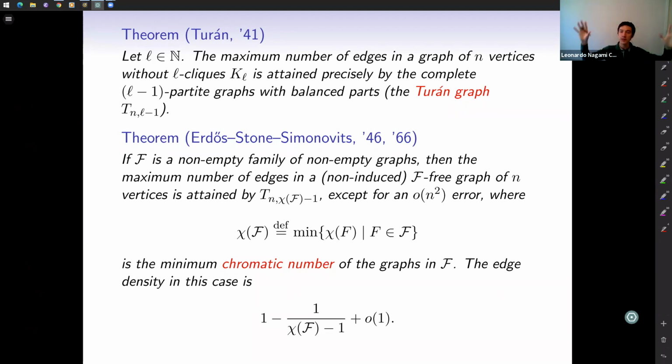So it's a complete partite graph, and the number of parts is χ(F)-1. In particular, this graph can be colored by χ(F)-1 colors, obviously, by construction. And it's exactly a maximal one with this chromatic number in terms of the number of edges.